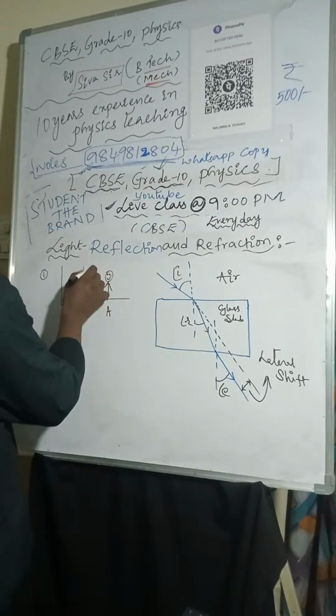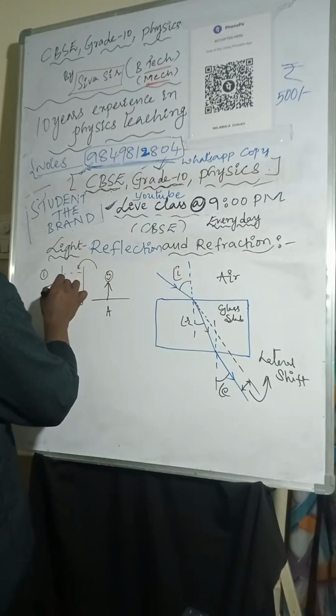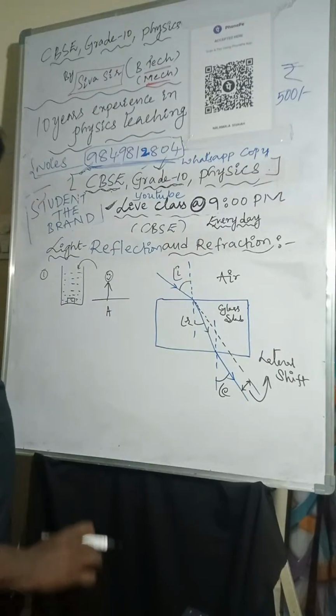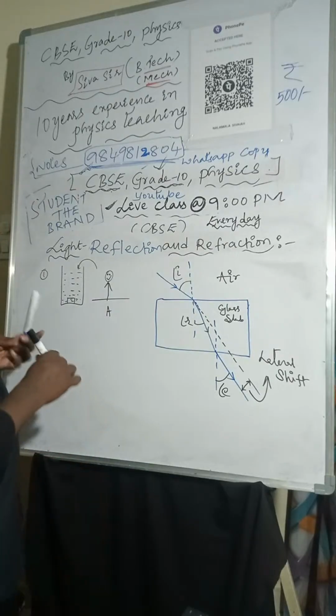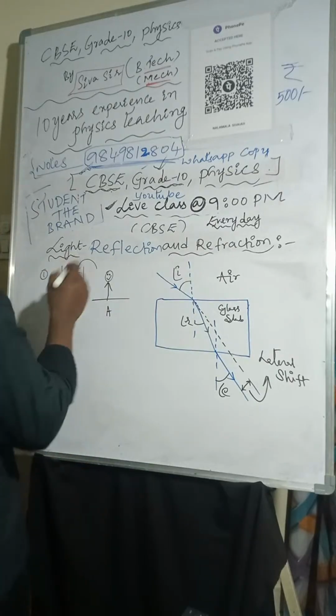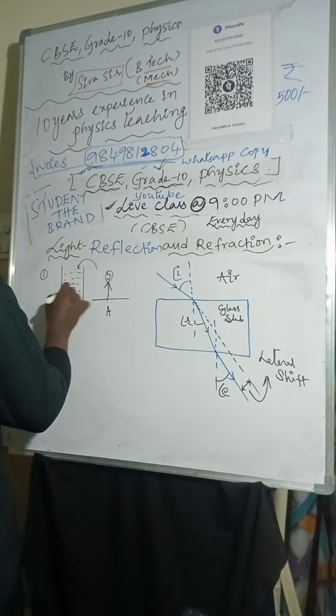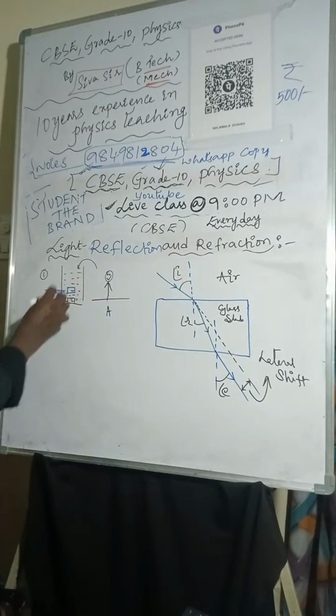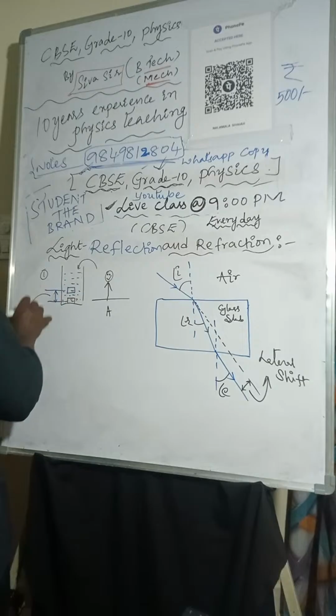When you pour water, the position of the coin rises up. It will appear here. So this is the actual position of the coin and this is the apparent position of the coin. The distance between the actual position and apparent position of the coin is called vertical shift.